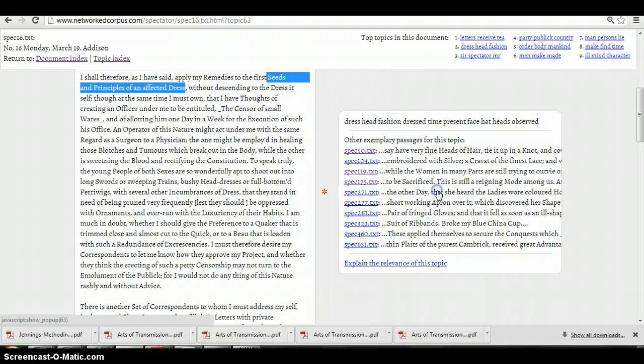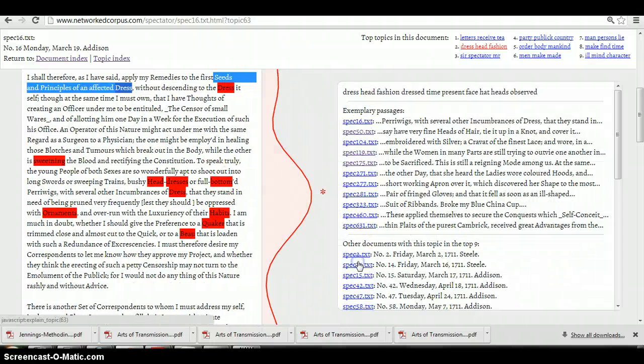And once again, this is a moment of interesting ambiguity. To speak truly, the young people of both sexes are so wonderfully apt to shoot out long swords, receiving trains, bushy headdresses, full-bodied periwigs, with several other encumbrances of dress that stand in need of being approved, and frequently also repressed, ornaments that overrun the luxuriancy of their habits.